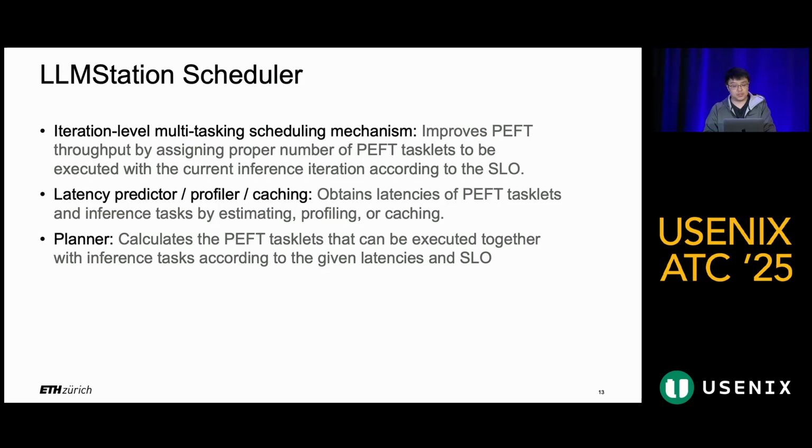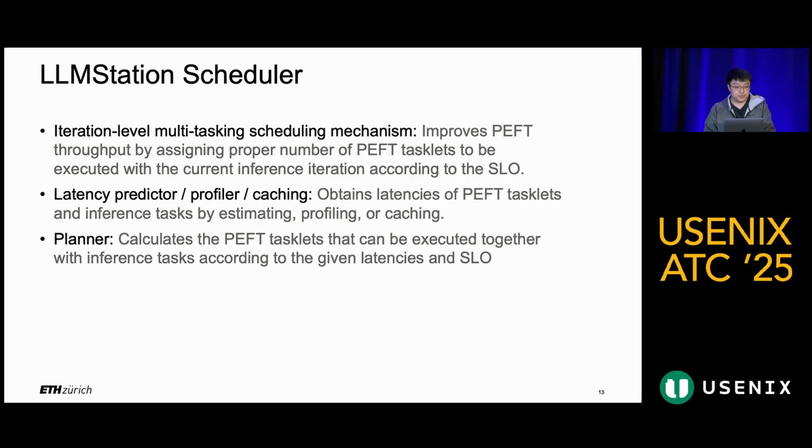The first one we will discuss is the LLMStation scheduler. It adopts a novel iteration-level multitasking scheduling mechanism, which improves PFT throughput by assigning a proper number of PFT tasklets to be executed with the current inference iteration according to the SLO. We will explain in the next slide how we decompose a PFT task into PFT tasklets.